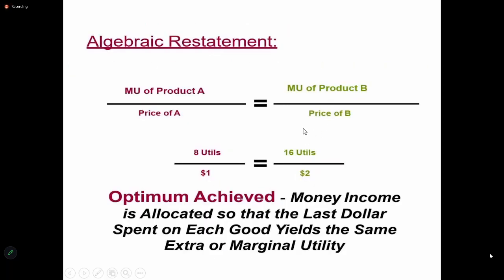Here, 16 utils. The satisfaction of consuming product B is 16 utils. So the price is $2. So optimum achieved means money income is allocated so that the last dollar spent on each good yields the same extra utility, or the same marginal utility.